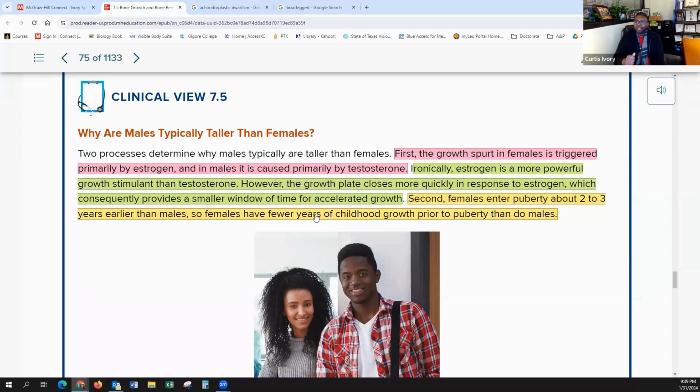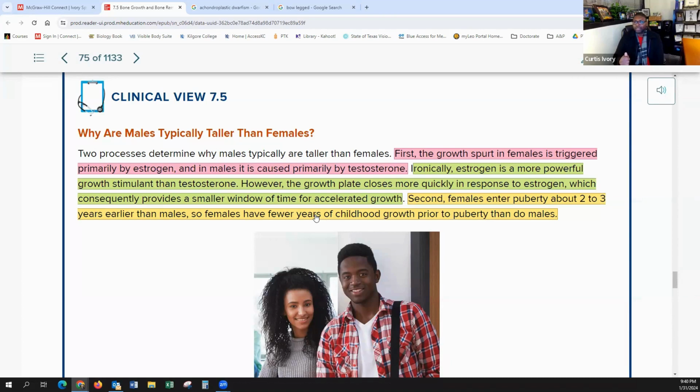And because women hit puberty first, you're going to have your growth spurt quick, but it also stops you from growing quickly after. With men, we tend to hit puberty later, and testosterone is not as strong as estrogen, so we continue to grow.